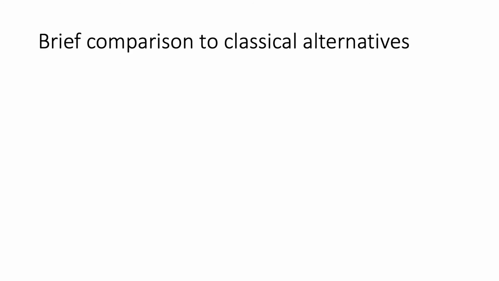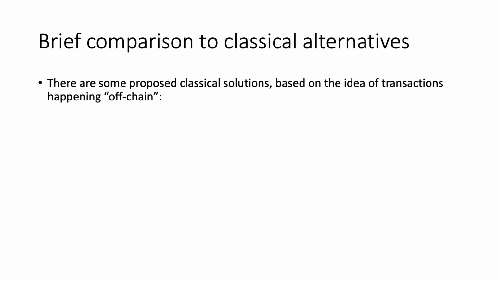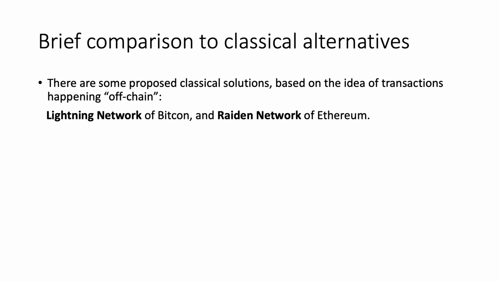So I want to end the talk with a brief comparison of our payment system to some classical alternatives and with some disclaimers. First of all, the idea of transactions happening off-chain has already been explored classically. There are some proposed solutions, notably the Lightning Network of Bitcoin, and interestingly, the name Lightning Network has nothing to do with quantum Lightning, and the Raiden Network on Ethereum.